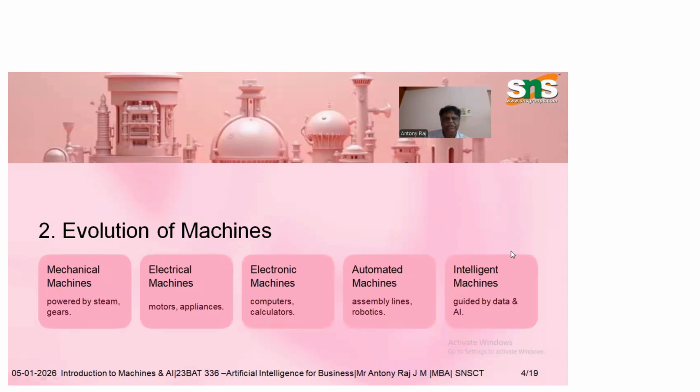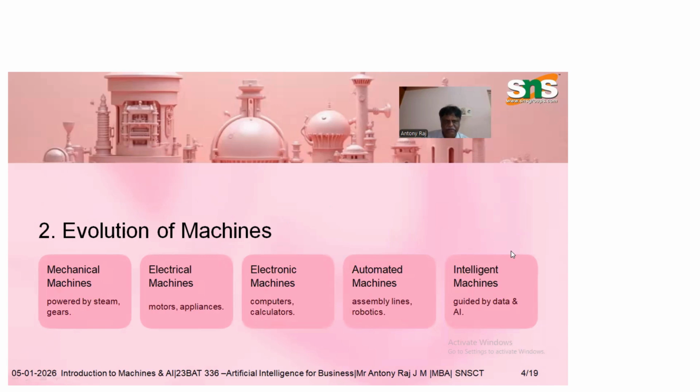Now, when you see the evolution of machines, there is a 5-stage evolution. It started with the mechanical engine machines, powered by steam and gears. Steam is an important source of energy, and gears are an important transmission system.